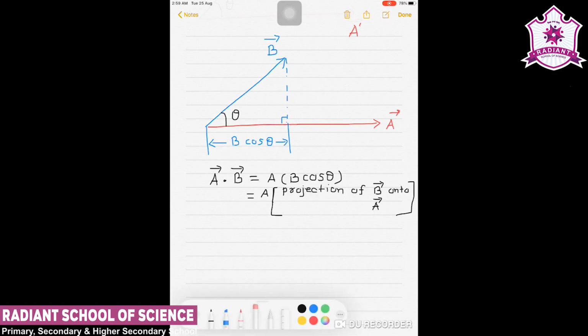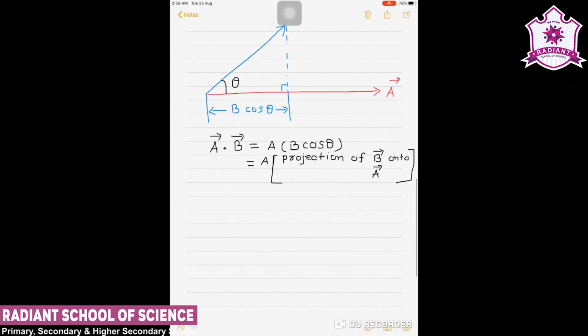Now let's see the second part. I draw here the same figure, with a little bit of difference. This is again vector b, and again vector a.